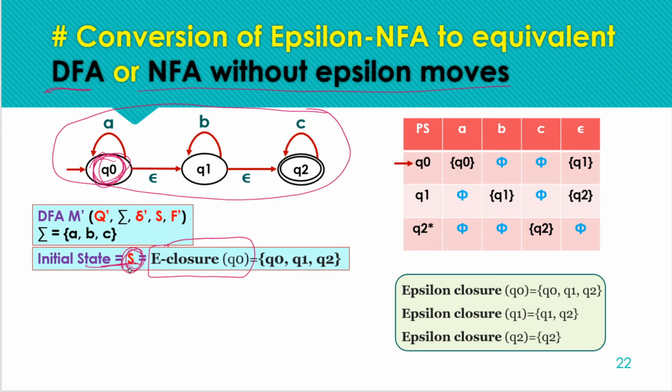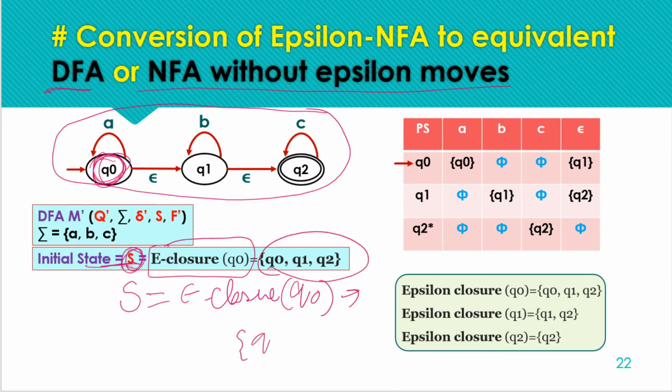So here the initial state is named S, and that is equal to the epsilon closure of the initial state of the given NFA, that is Q0, and this is equal to Q0, Q1 and Q2. So this is the initial state of our resulting DFA.